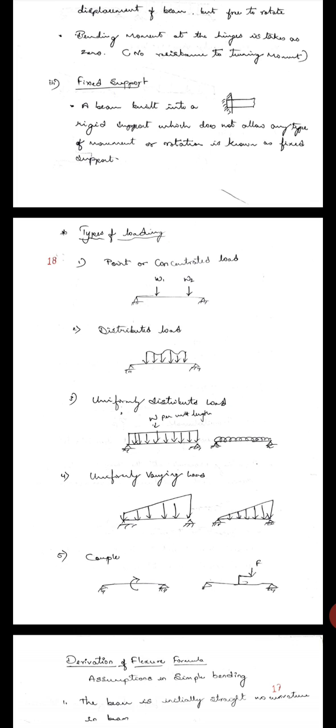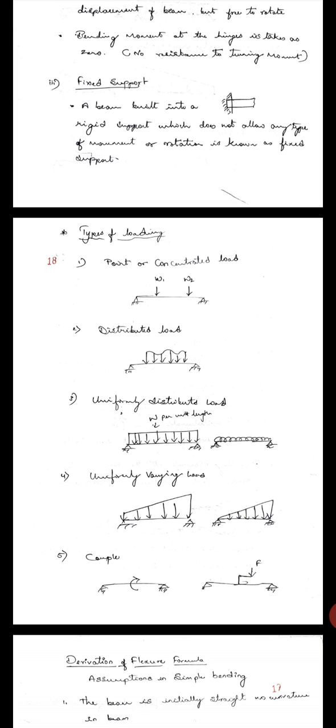Types of loading. First one, point or concentrated load. A beam carrying a point load, a single weight, is called a point load or concentrated load, like W1 and W2 in the figure. Second one is distributed load.